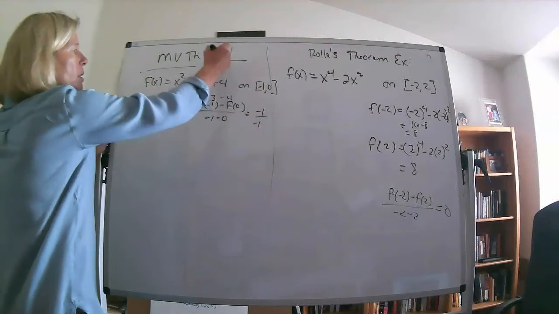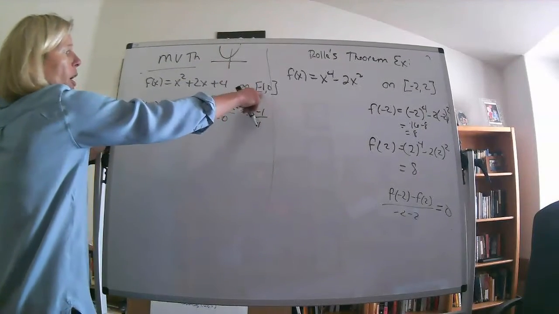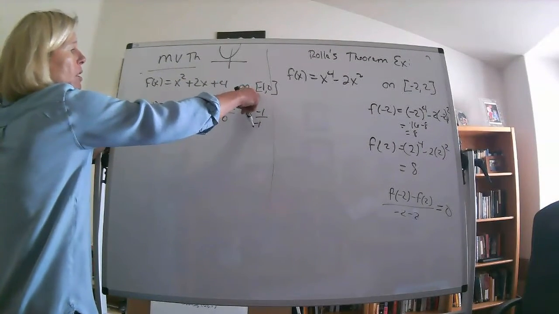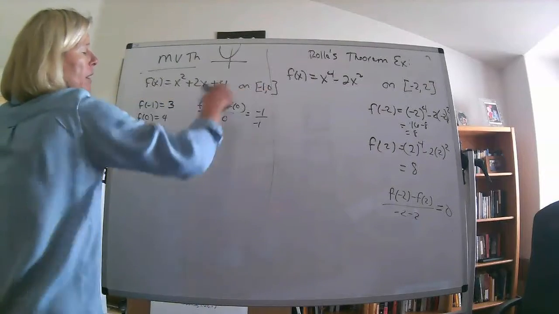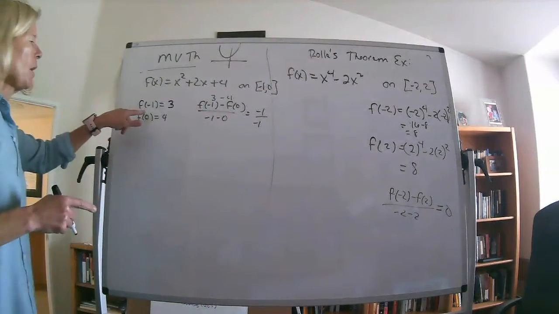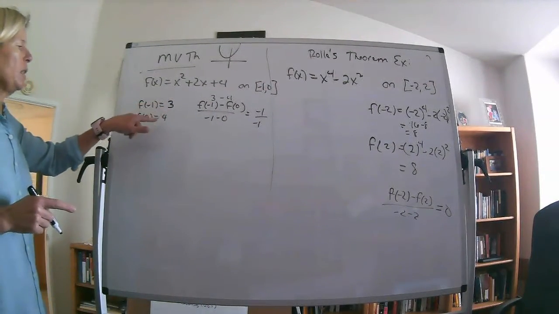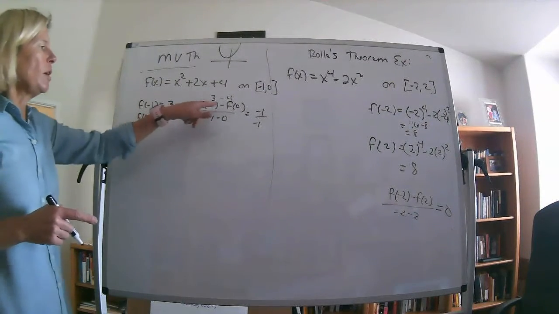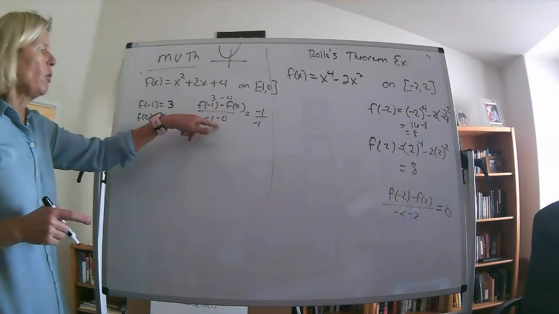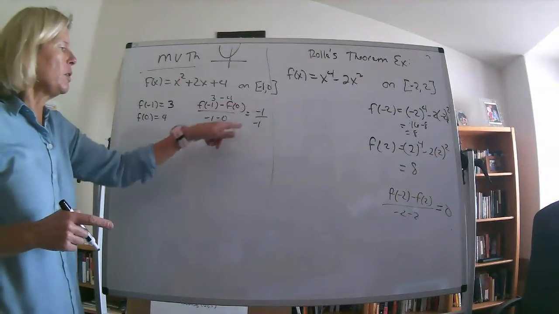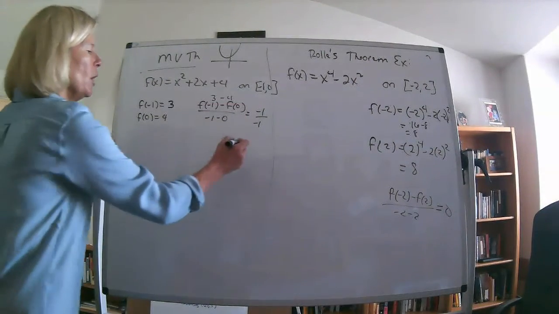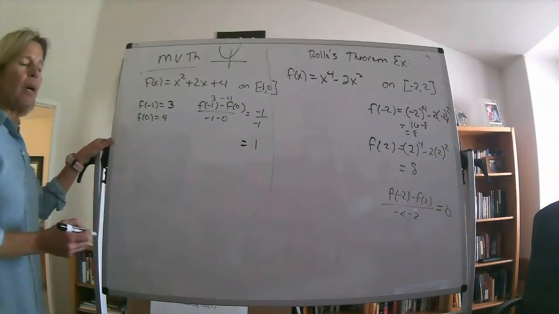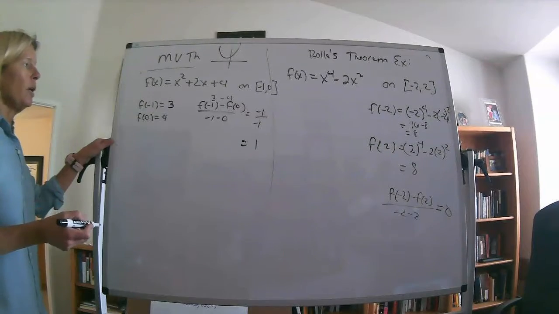If I try and see what the slope is on the interval -1 to 0. F of -1 is 3, f of 0 is 4. So if I substitute into my slope formula, 3 minus 4 is -1 over -1. So the slope of my secant line is 1.